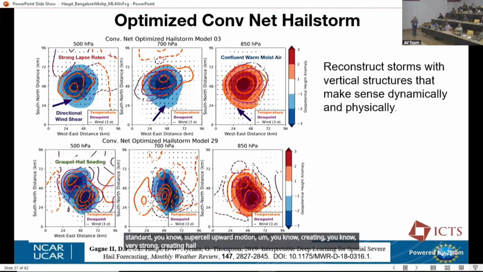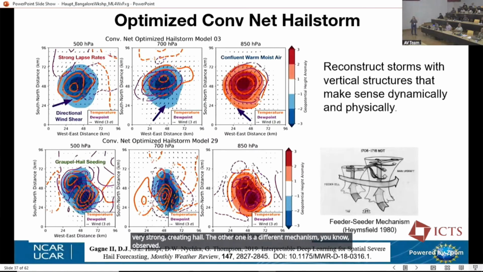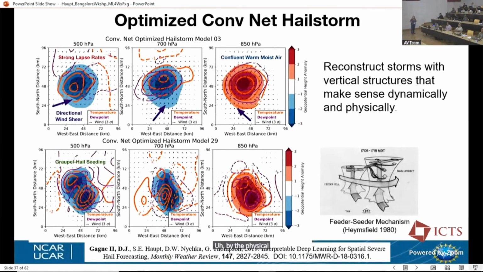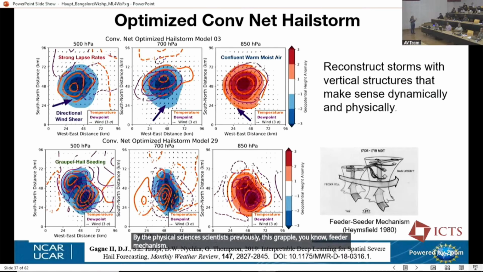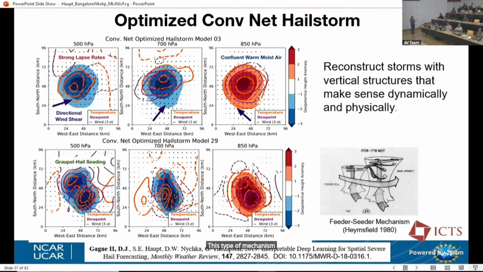The other one is a different mechanism, observed by the physical scientists previously, this graupel feeder mechanism. And that was what was surprising about this, that we were able to identify this type of mechanism as being a hail-producing mechanism. And it verified, because we have the data.